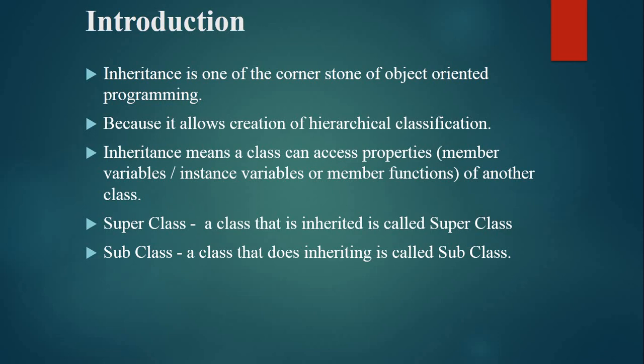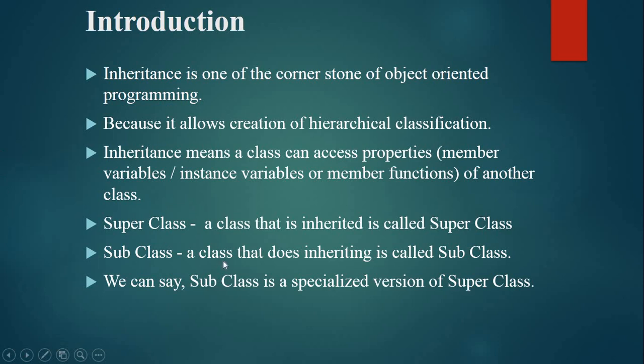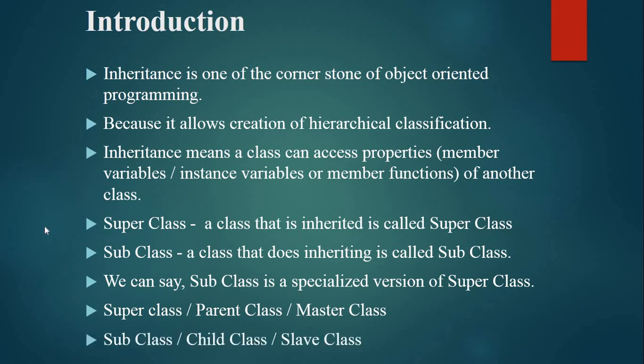For example, if we are accessing the property of our parent, then our parent will be the superclass and we will be the subclass. Okay, we can say the subclass is a specialized version of the superclass. A superclass can also be called a parent class or master class, and names of subclasses are subclass, child class, or slave class.